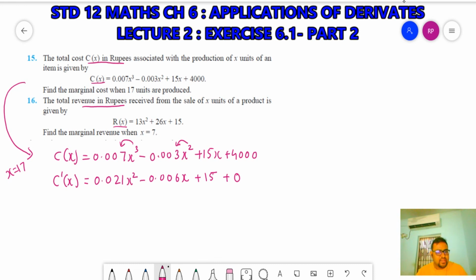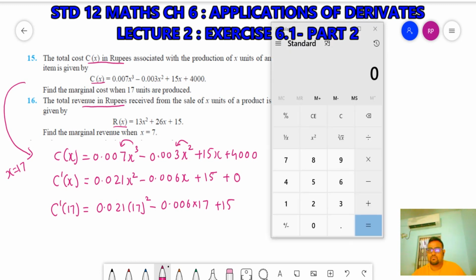Now we need to find the marginal cost when x is 17. So c dash of 17, that's what I need to find. 0.021 into 17 square minus 0.006 into 17 plus 15. Let's calculate it. 0.021 multiplied by 17 multiplied by 17 is equal to 6.069.